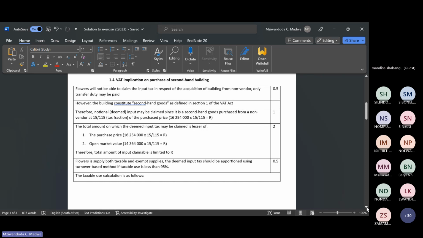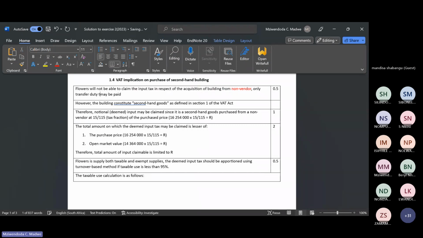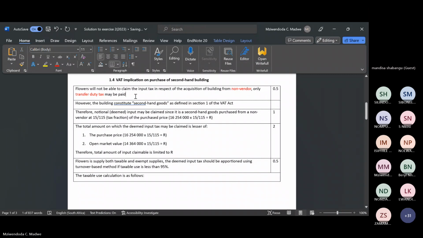They are saying Flower will not be able to claim input tax in respect of the acquisition of the building from a non-vendor. Because he purchased this building from a non-vendor, he may not be able to claim the VAT. The only thing that he may pay is transfer duty tax. This is the first thing that you are going to say.